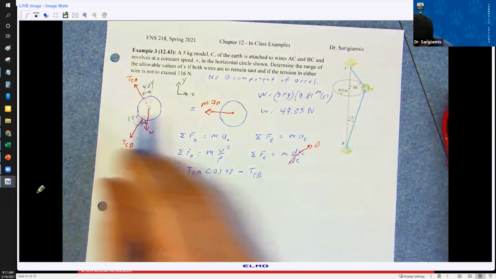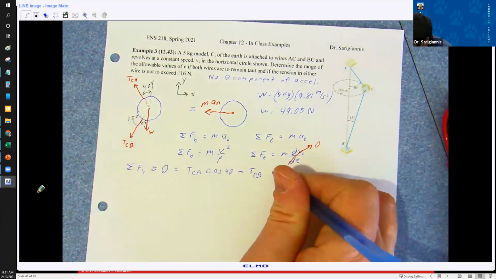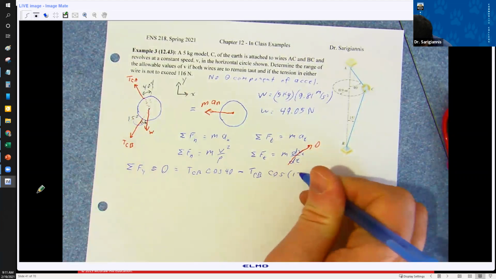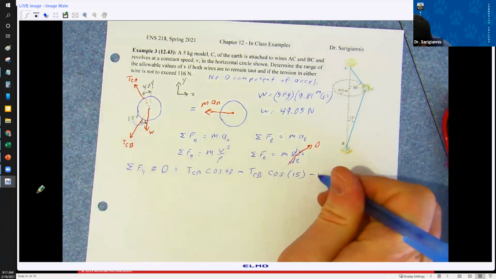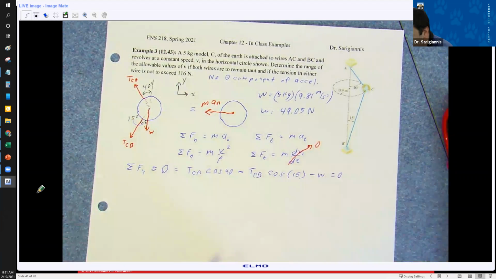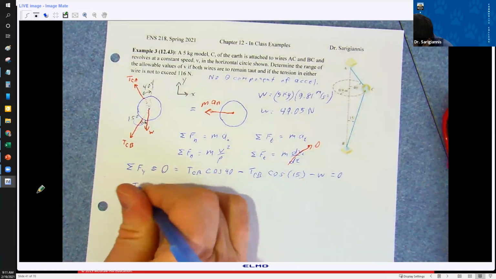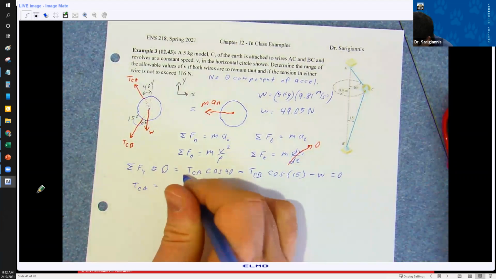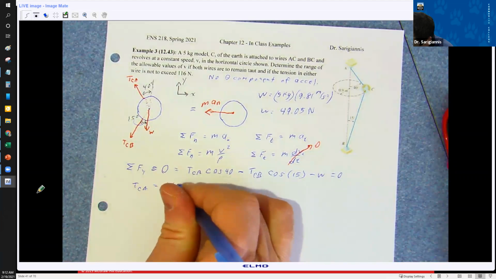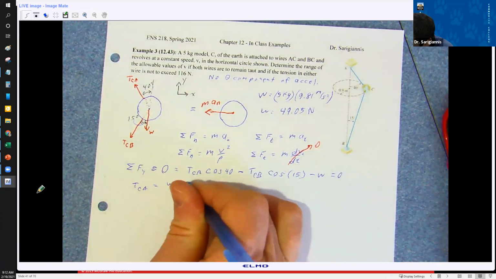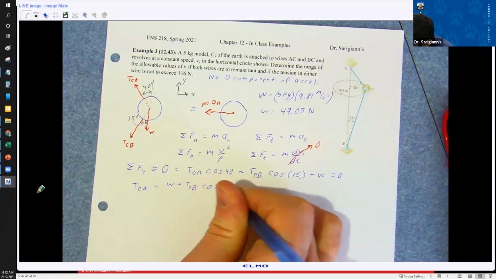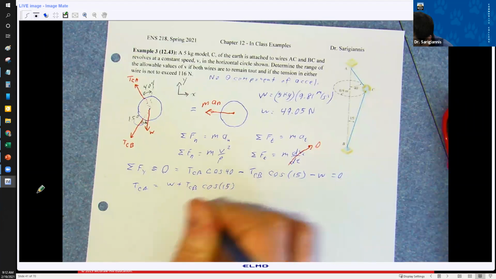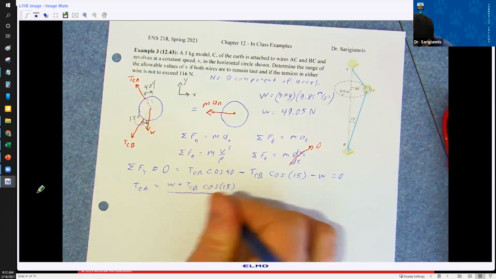That looks like 150, but that's not. It's cosine 15. Don't forget the W. So we have an equation here, TCA equals W plus TCB cosine 15 over cosine 40.